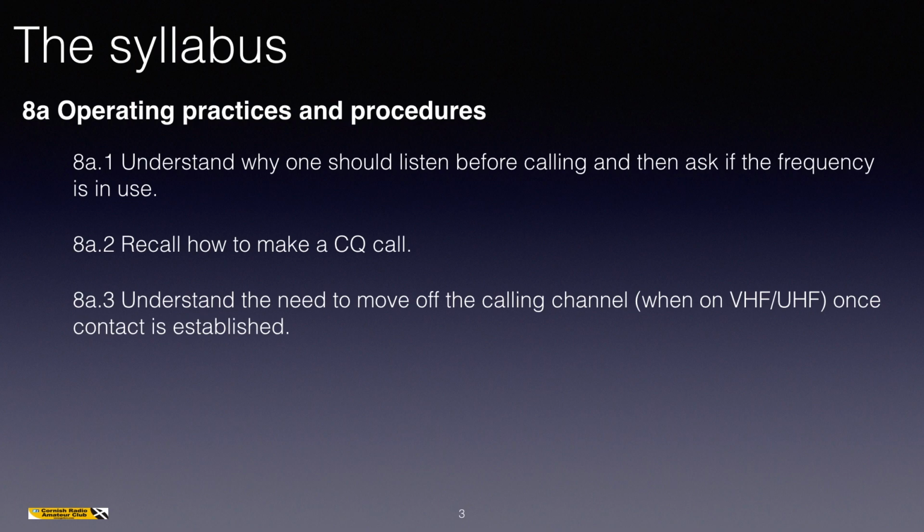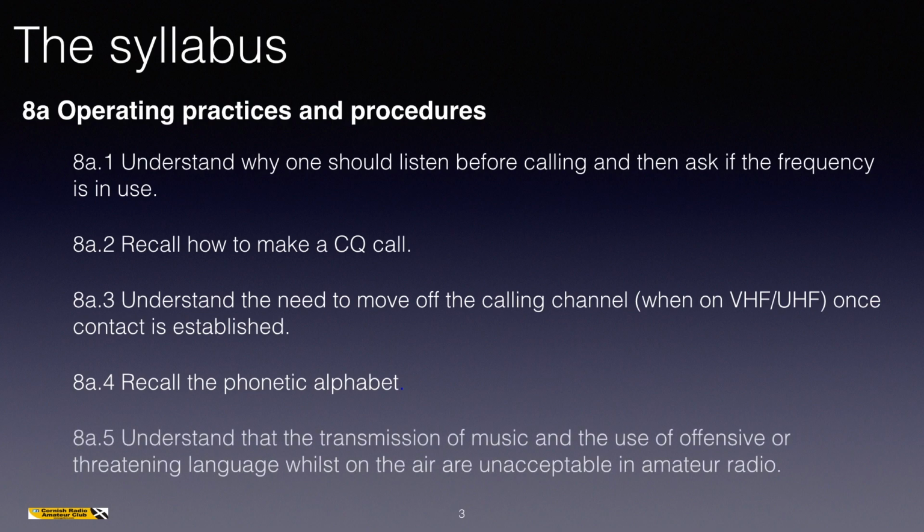Understand the need to move off the calling channel, when on VHF or UHF, once contact is established. Recall the phonetic alphabet. Understand that the transmission of music and the use of offensive or threatening language whilst on the air are unacceptable in amateur radio.